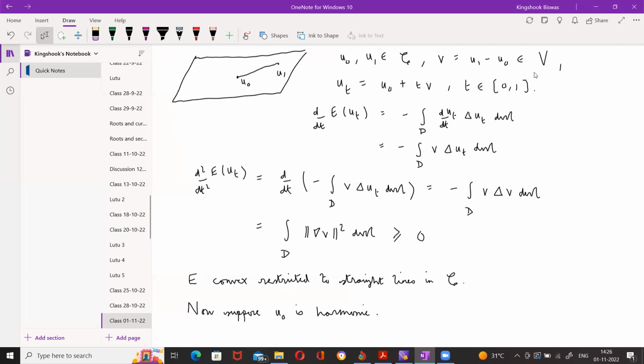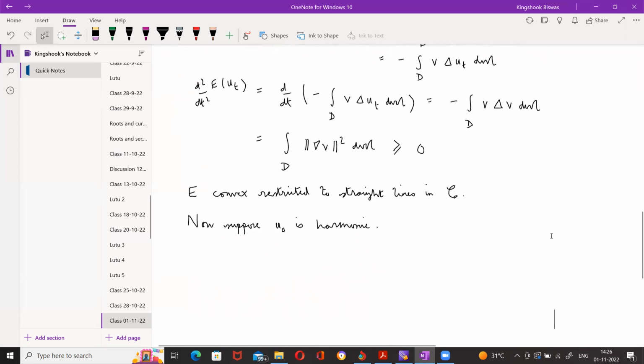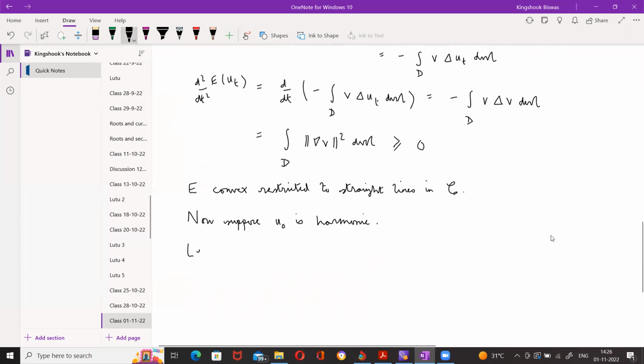Then if we let phi of t be the function of one variable, which is E of u_t, we know that phi double prime of t is greater than or equal to 0 for all t. This we've just computed.